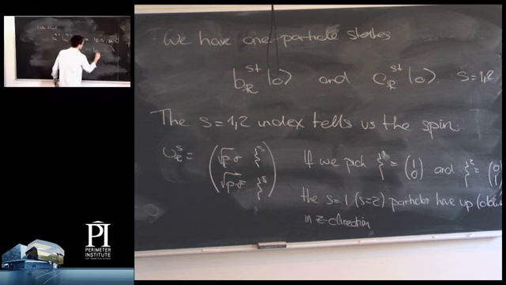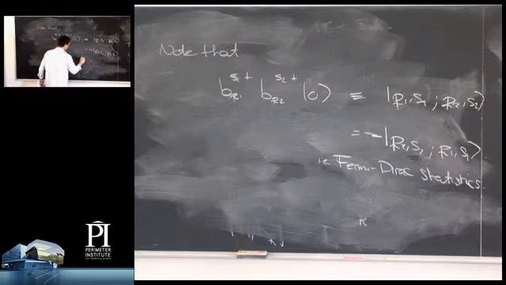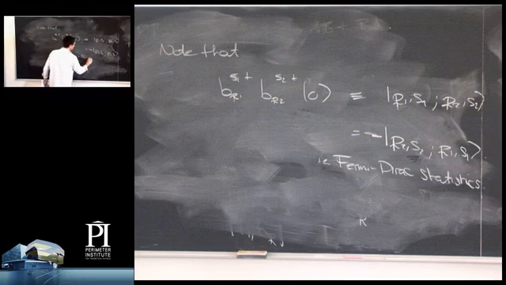But this is equal to minus the state if we do them the other way around, and the reason is that these two anti-commute with each other. So this is exactly what we mean by Fermi-Dirac statistics.